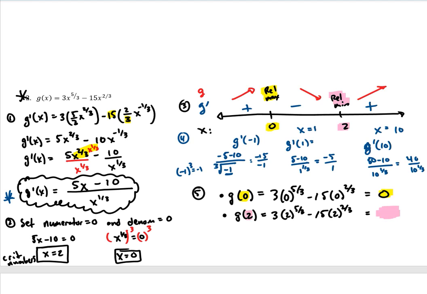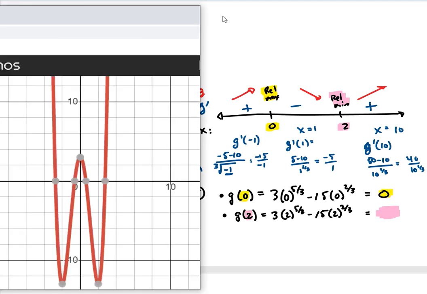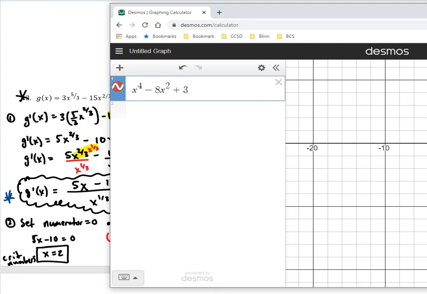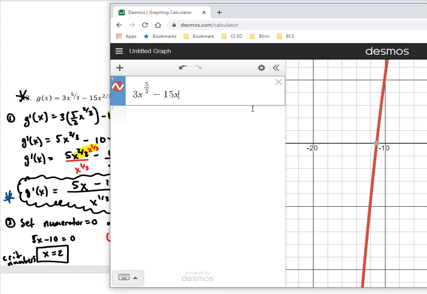And since I need a calculator anyway, I would probably still check it no matter what. Okay, so here's the last one. Let's plug in the new one. So 3x to the 5 divided by 3, and then arrow key, minus 15x to the 2 divided by 3.